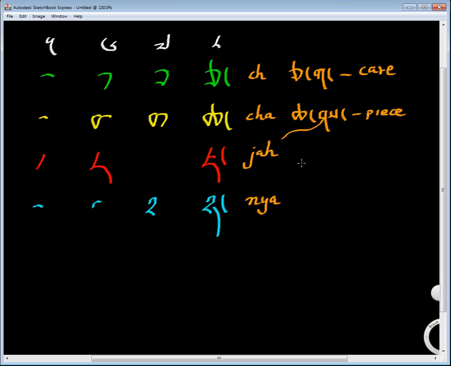And then the next letter is cha. As an example, you could say cha. I'm not going to read this letter. I want you to see if you can remember it from the previous video. And we have also learned this letter from the previous video. This is the second letter and this is the fourth letter. See if you can remember.